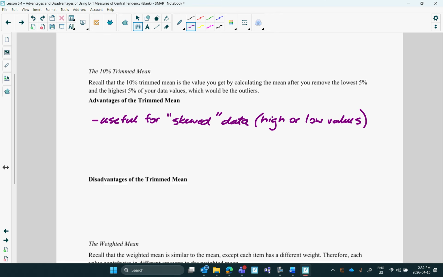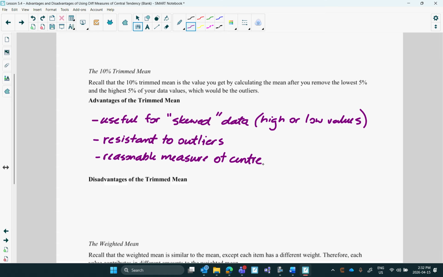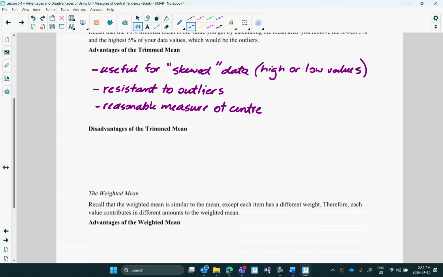And therefore, because we're getting rid of the outliers, it's resistant to outliers. So it is a reasonable measure of center, better than just the mean when there are outliers.